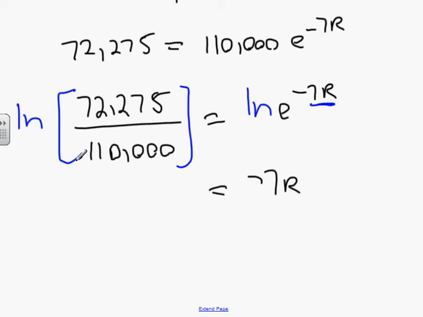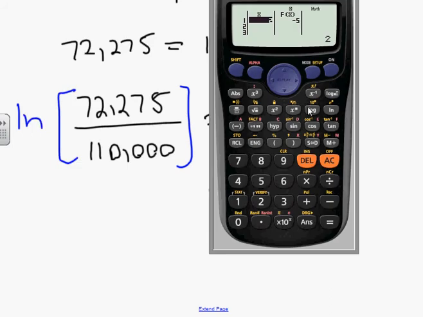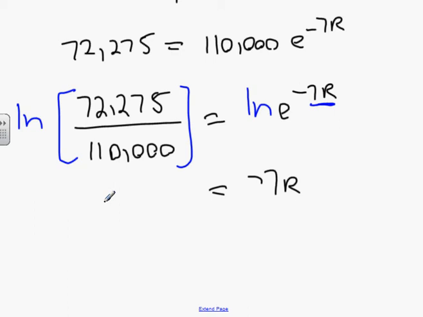Now, what we're going to do with this number here is ln of 72,275, and then we're going to divide that by our 110,000, and then close your bracket, and you get minus 0.42. I think it's safe enough to say minus 0.42, okay?